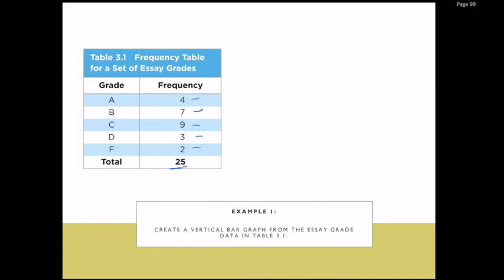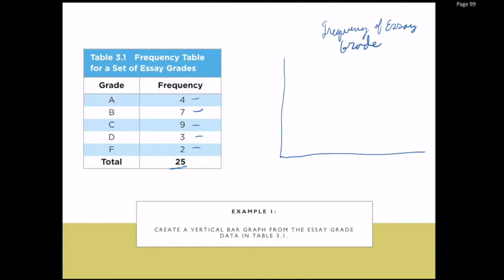So I have to have my y-axis, my x-axis, and we have to come up with a title. How about we do frequency of essay grades? They tend to be kind of long. They're not very creative. I've got my x-axis.